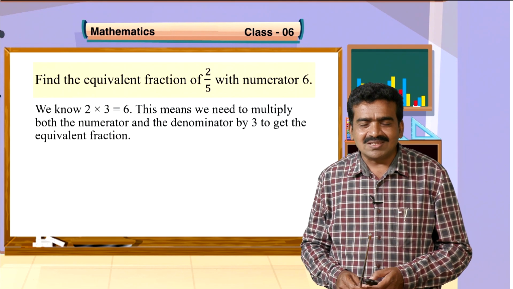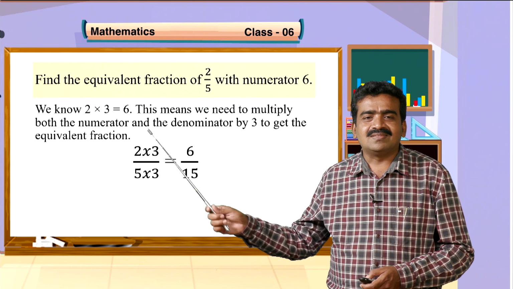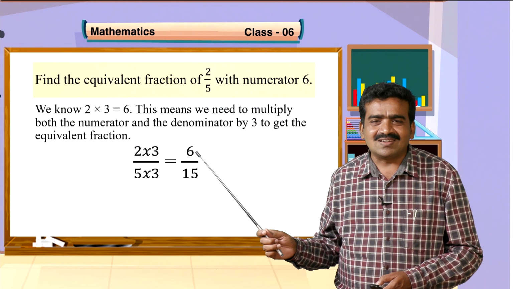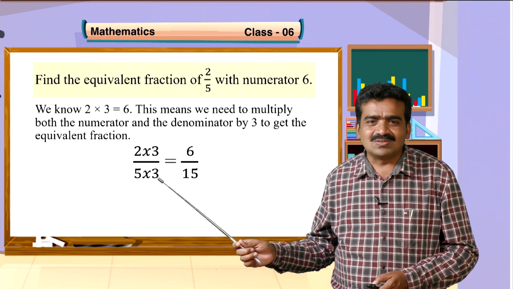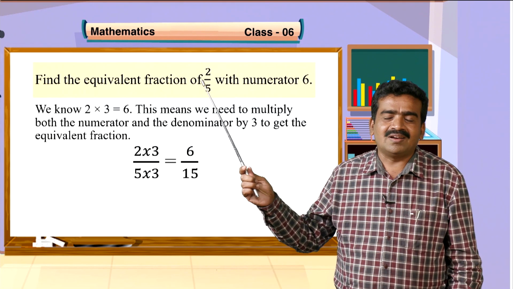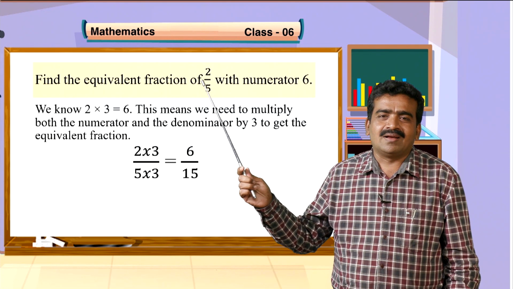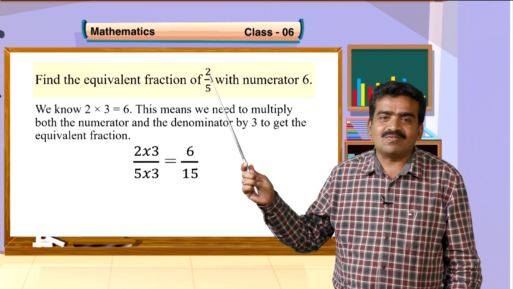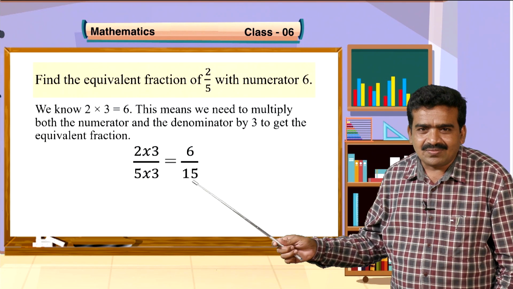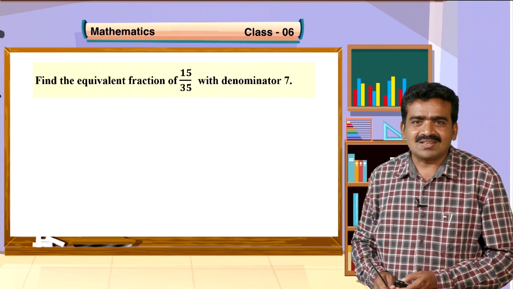So we have to multiply 3 for both numerator and denominator. Therefore, we get numerator 6 and denominator 15. So the equivalent fraction for 2 by 5 with the numerator 6 is 6 by 15. Let us come to another question.